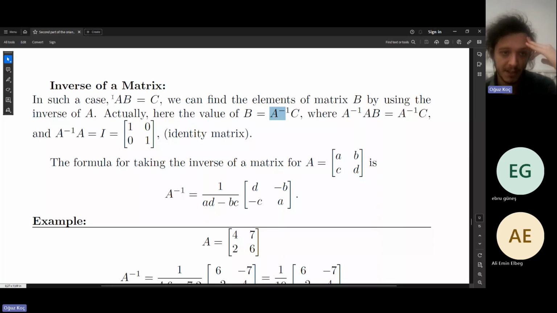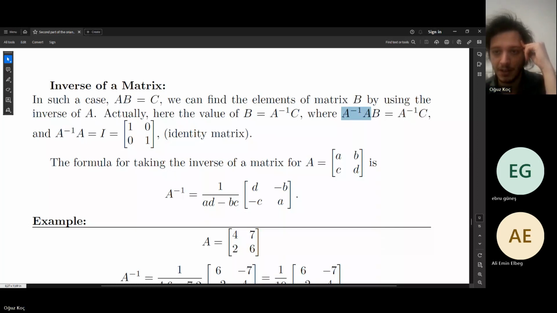If we multiply by the inverse of A from the left-hand side, it creates an identity matrix, which for the 2 by 2 case is 1, 0, and 0, 1. Then we multiply by the equality here.